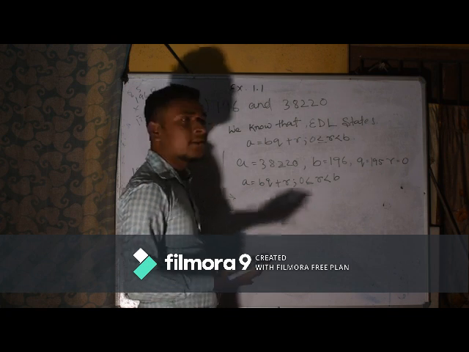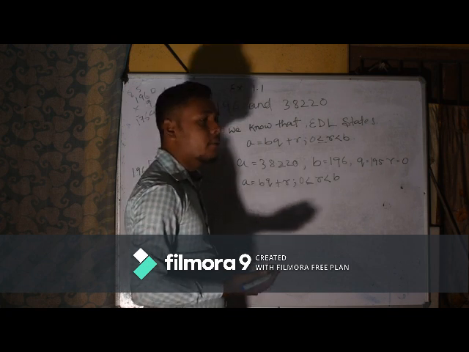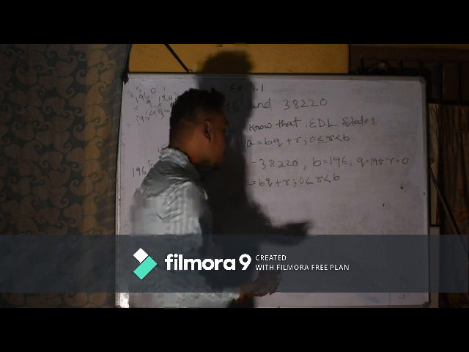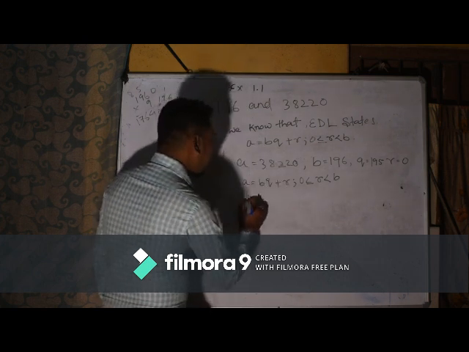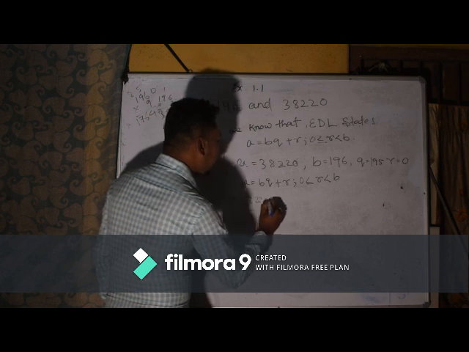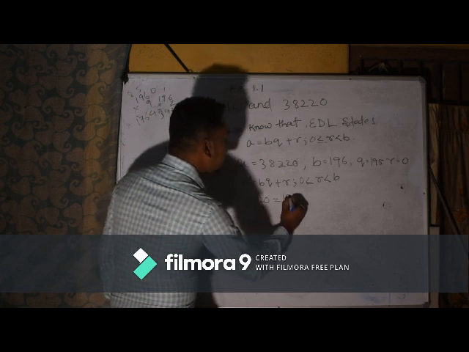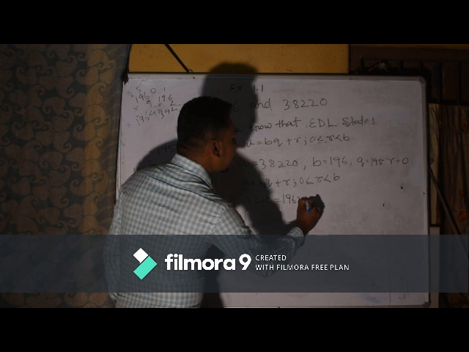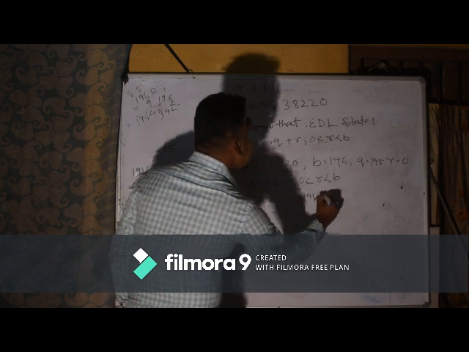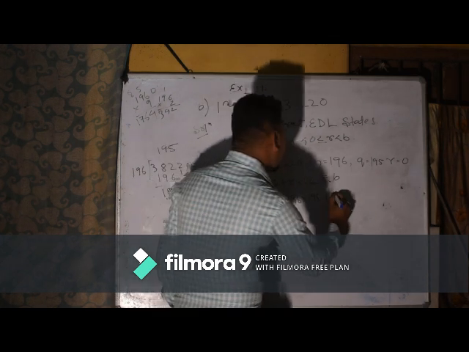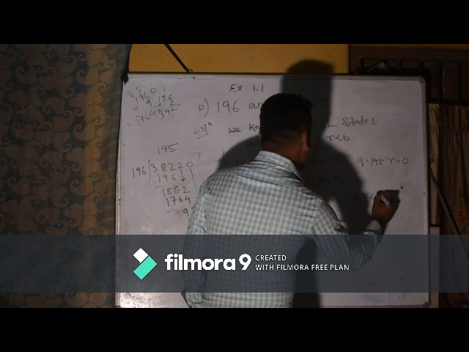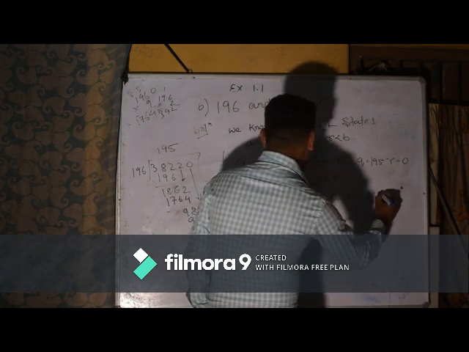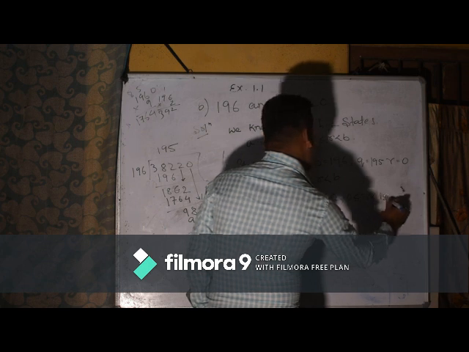Nowadays in CBSE we are getting 3 hours and 15 minutes. So 38220 is equal to B 196, Q is 195 plus R is 0, where 0 less than or equal to R less than B.